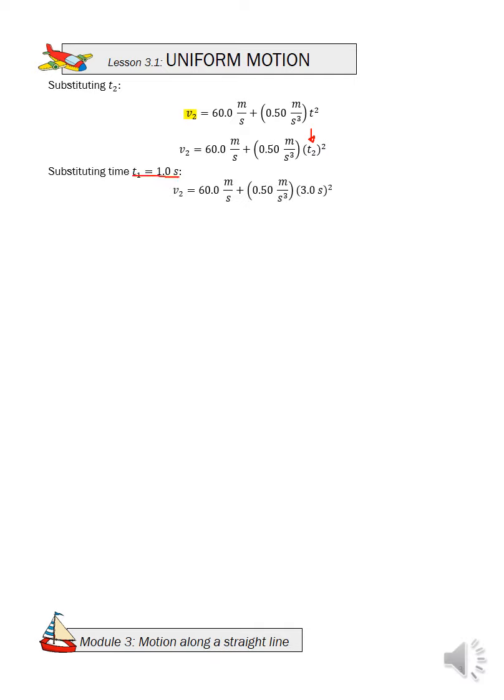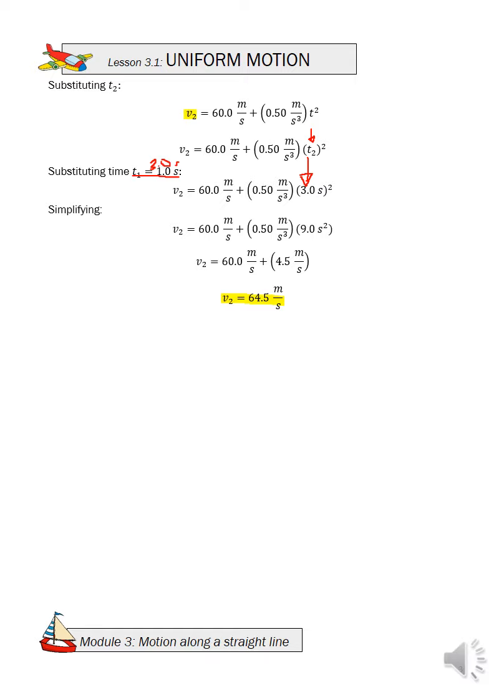This should be t2 equals 2.0 seconds. I'm sorry I missed that. 3.0 is what I meant. So t2 now becomes 3.0 seconds here, and then we just have to simplify to get our answer, which is 64.5 meters per second.